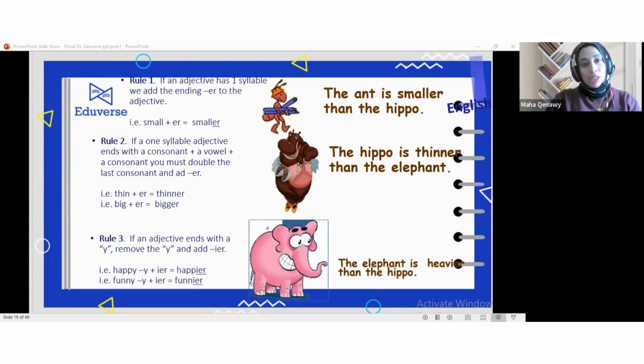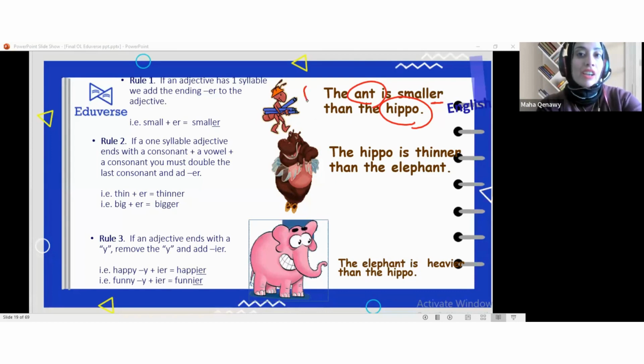These adjectives can be comparative sometimes. What does it mean, Miss, comparative? Comparative is when I compare two things to each other using the same adjective. Like, the ant is small. We all know the ant is small. But if I compare the ant to another animal, I have to say it's smaller than the hippo.